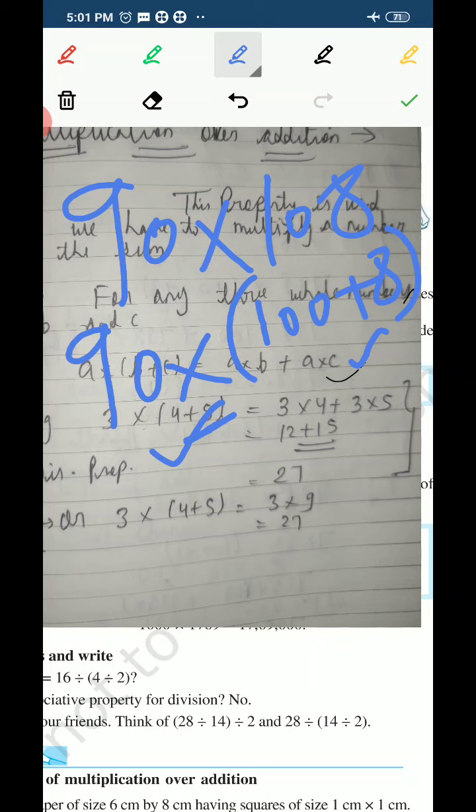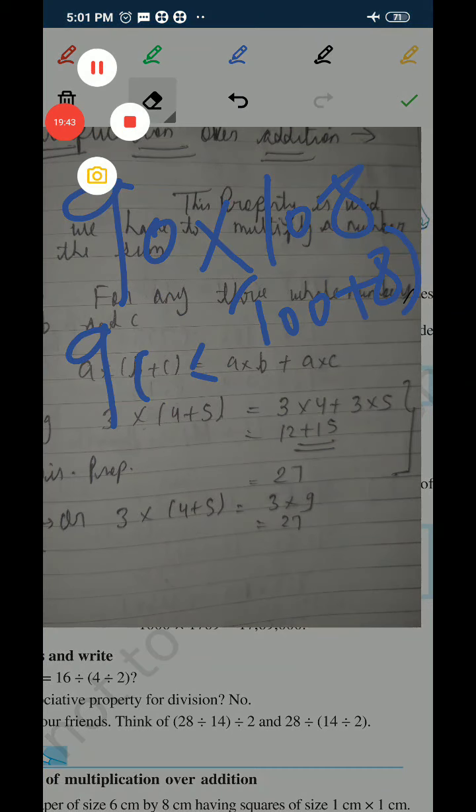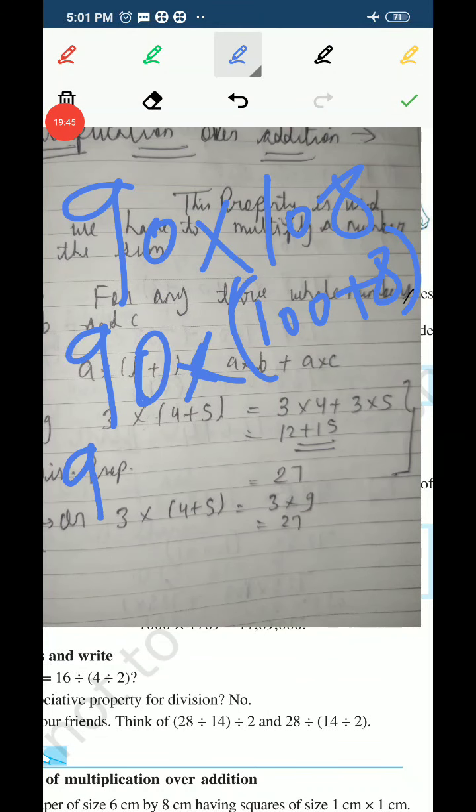Now what we will do, we will use this multiplication sign to distribute this addition. How? First we will multiply 90 and 100.